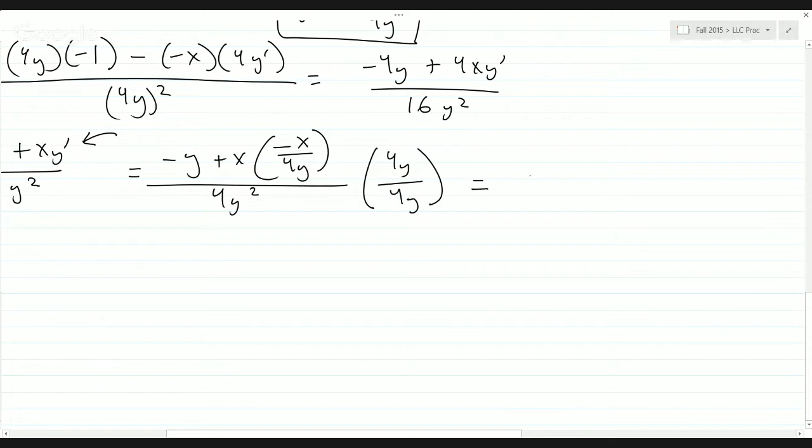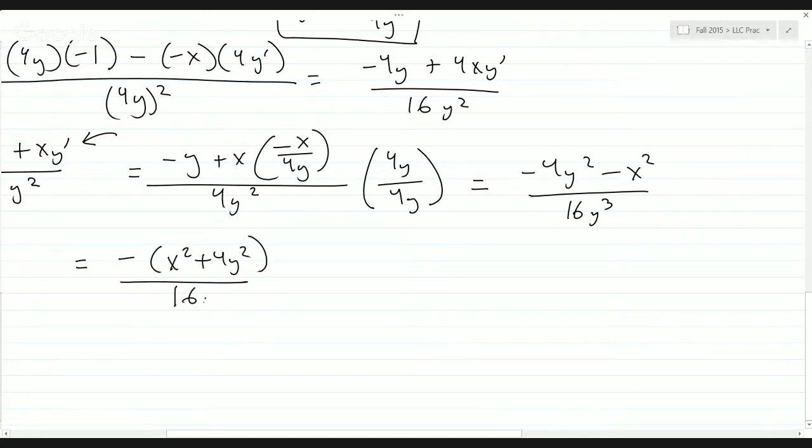This is equal to minus 4y squared minus x squared all over 16y cubed. All right? And at the top, we can just take out the negative sign. We have x squared plus 4y squared all over 16y cubed.